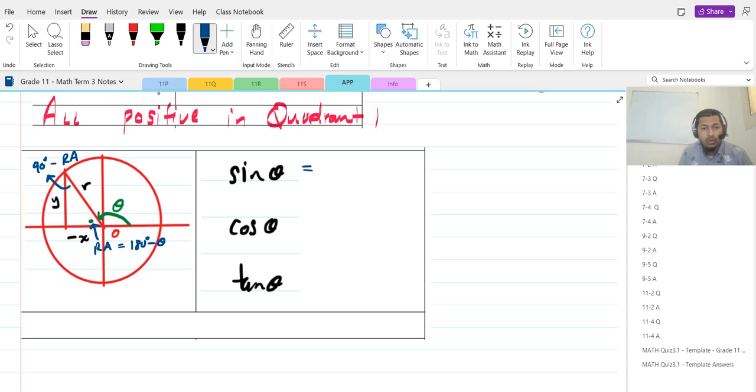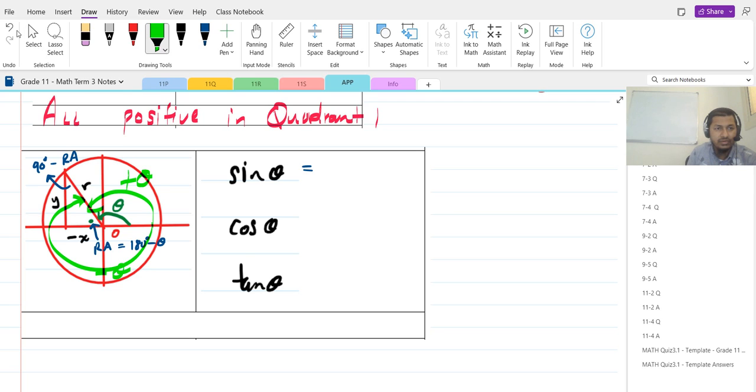Now what is sine theta? Or you can say sine of 180 minus theta here. We are in the second quadrant, and whenever you have a diagram in the second quadrant, remember in this direction we go positive angle, touching the radius, and in this direction we go negative angle touching the radius.